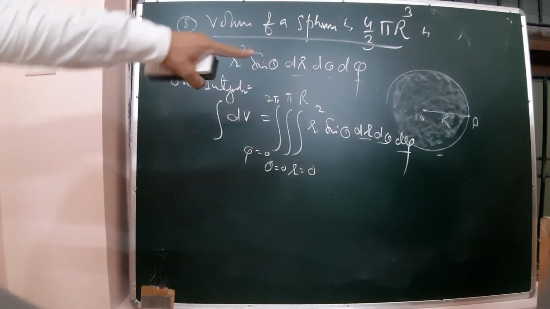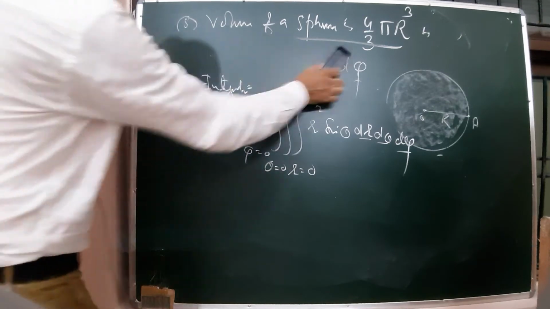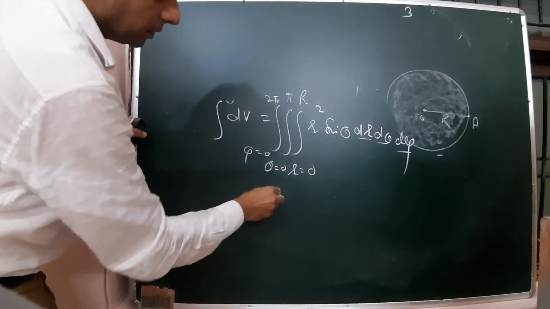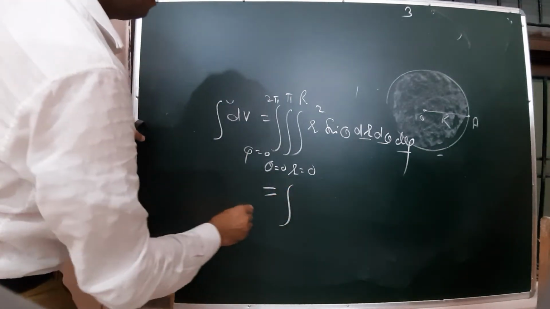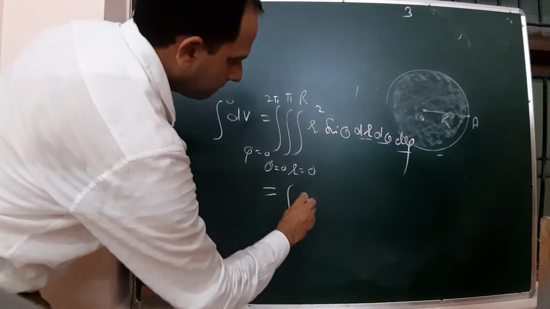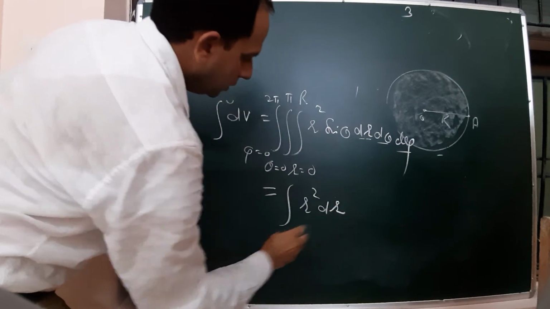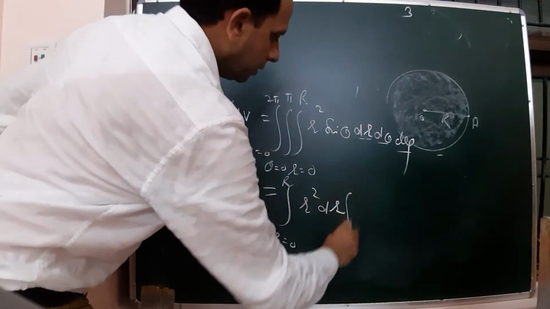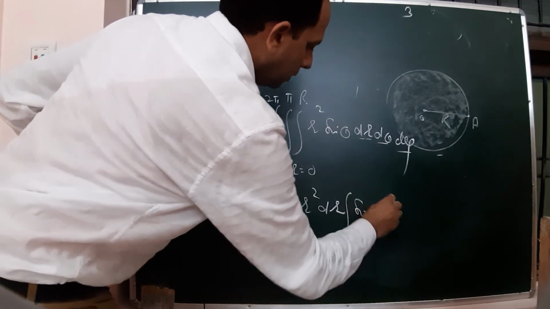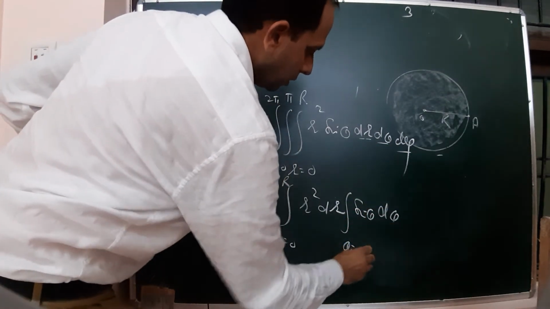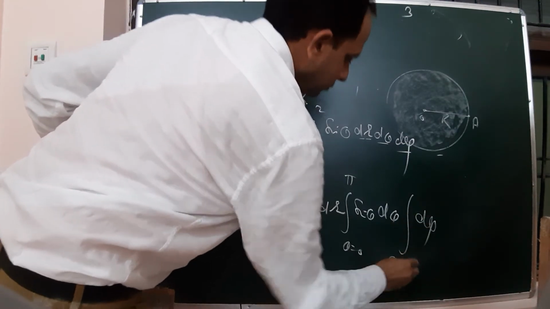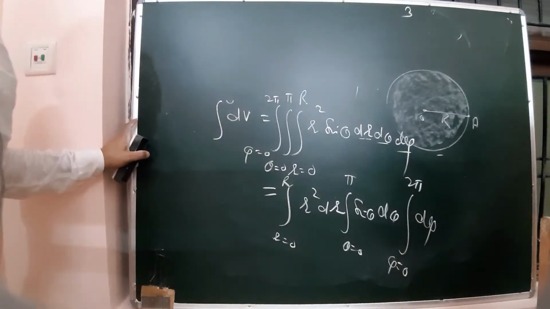So, we will separate all these 3 variables for integration. How will we separate? It will be written as first r square dr, r varying from 0 to capital R, and second sin theta d theta, theta varying from 0 to pi, and third phi varying from 0 to 2 pi.